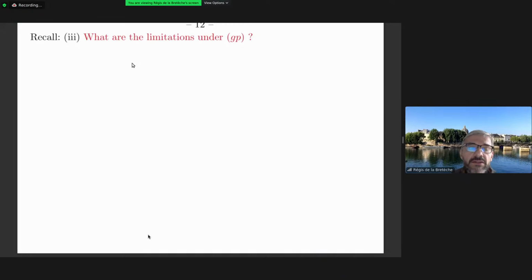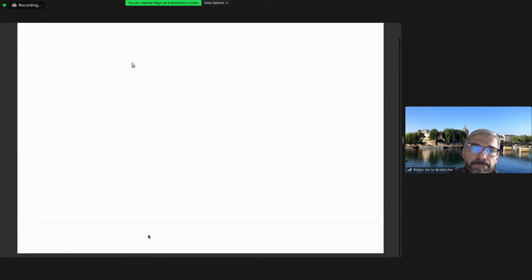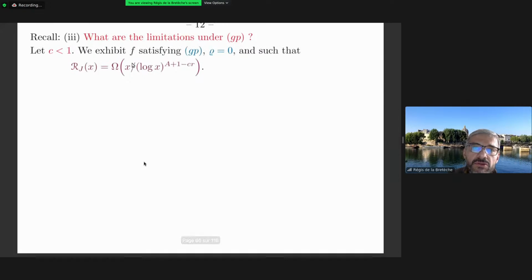So again, the third question: what are the limitations of the GP? We can find an f function satisfying GP with rho equals 0, such that we have an omega result for the rest.